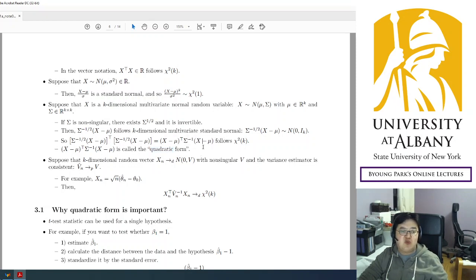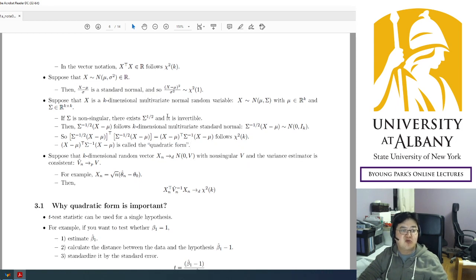And that's what we are going to use. We are going to rely on this quadratic form throughout this chapter. And then we are going to apply this definition. So far, it is kind of just a definition. The definition can be applied like this.